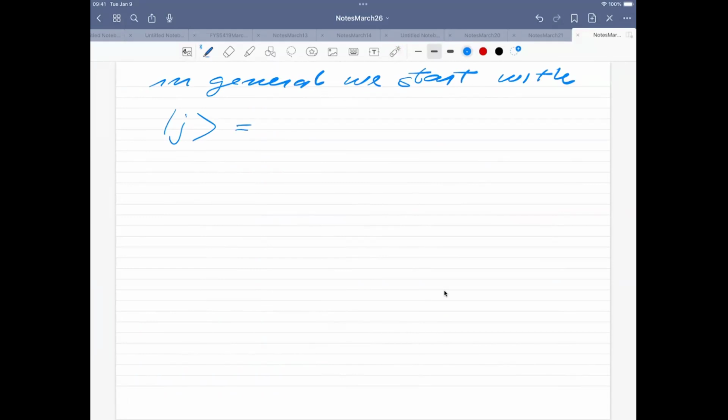This is now given by 1 over square root of n, and it contains a sum from K equals 0 to n minus 1 of e to the power of 2 pi i J times K divided by n, multiplied with a state K. This is the general expression.